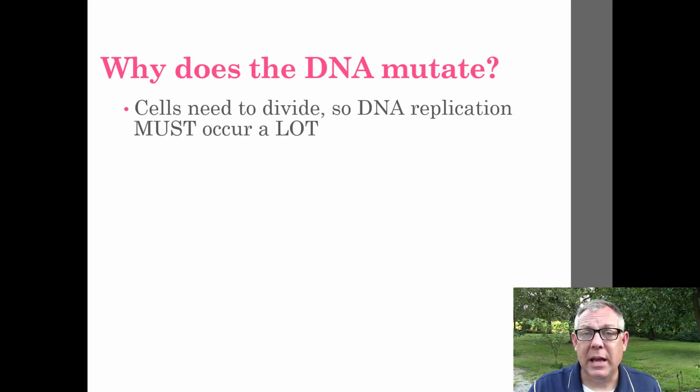You just have to make copies of your cells in order to be alive. So DNA replication happens a lot. It's going on all the time. And with humans, you've got 3 billion base pairs. So there's lots of opportunity for mutations to take place. Just because you've got so many base pairs and they're replicating all the time, chances are that it's just going to happen.